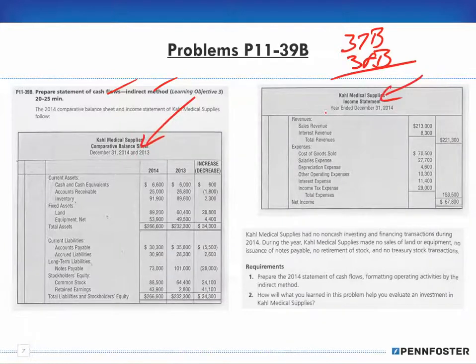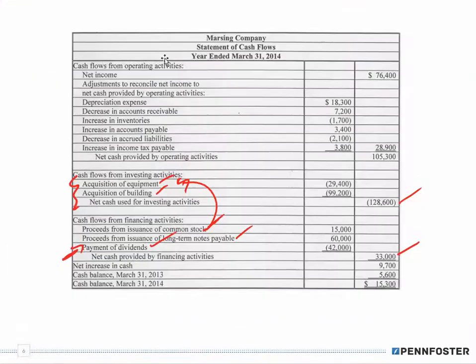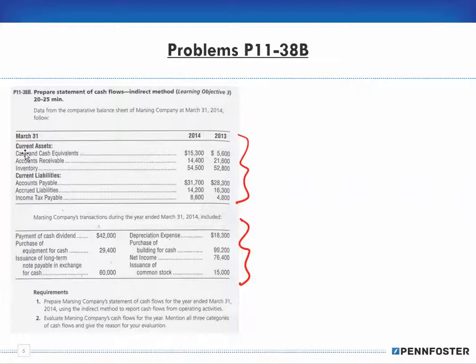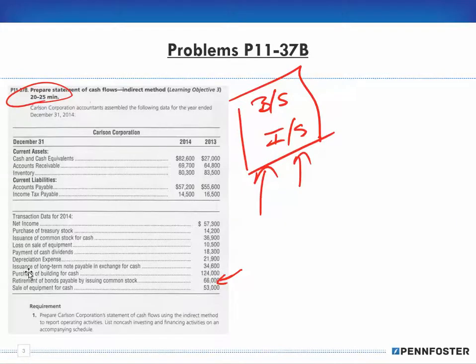Now you're actually getting a comparative balance sheet and an income statement, whereas in the previous exercise you were just given the pertinent information from your balance sheet and the different activities. And it was the same with the previous problem, the pertinent information from the balance sheet and the activities.